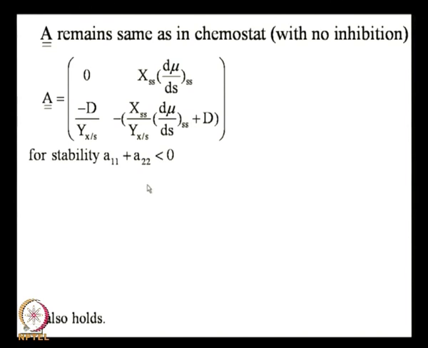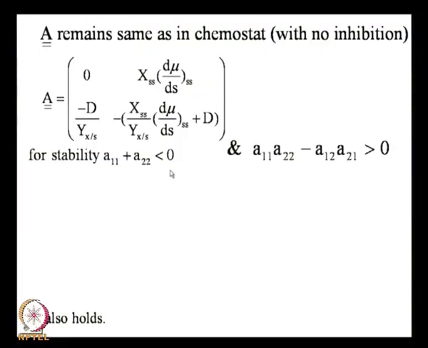So, our stability criteria was A11 plus A22 less than 0, or in other words this term to be negative, and the other one is A11 A22 minus A21 A12 greater than 0, or in other words the product of these two terms to be positive. Now, to remind you again, the last time we had an advantage because del mu del s was greater than 0.